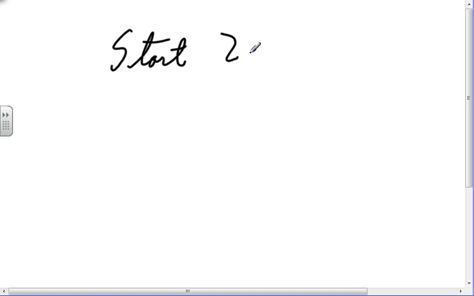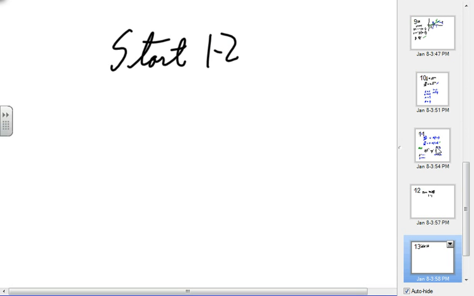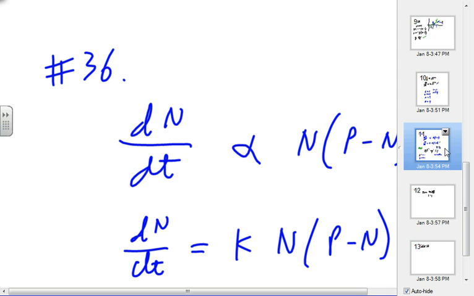All right, so now I'm going to start section 1-2. So we can do through 43 or through 49. I made it to 36, so you can stop wherever you are before 36, or you can do more.